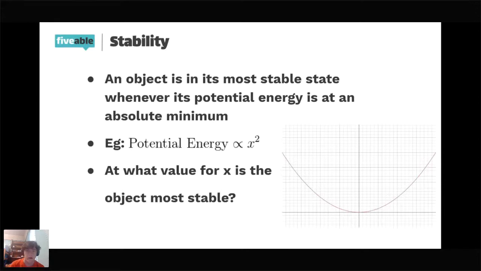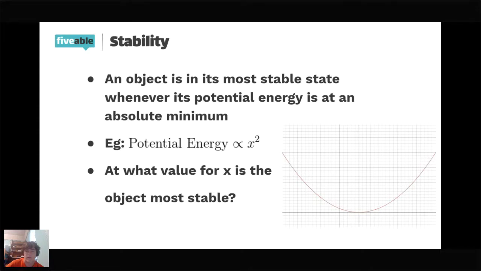Okay, so back to stability. An object is in its most stable state whenever its potential energy is at an absolute minimum. So in this case, we're looking at a graph that says potential energy is proportional to x squared. And for what value of x do you guys think the object is in its most stable state? X could be anything.